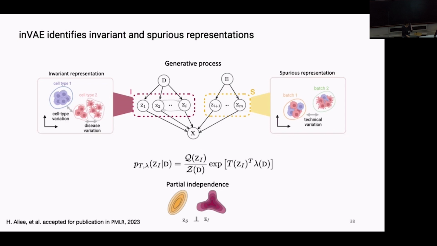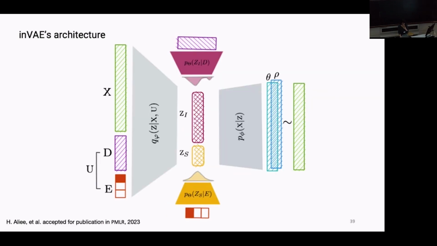To make this more general, the latent variables in the invariant part follow a general exponential family distribution, just to let them be dependent as well. And this is what the architecture looks like. Here we have an encoder similar to variational autoencoders, or identifiable VAEs if you are familiar with them.